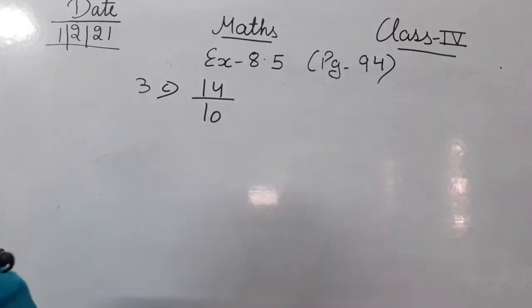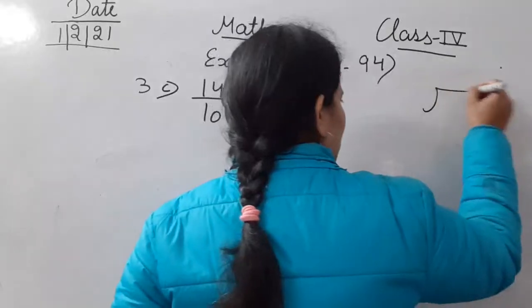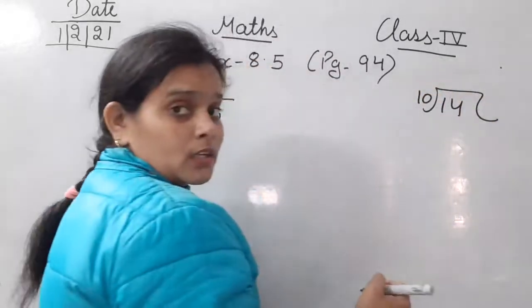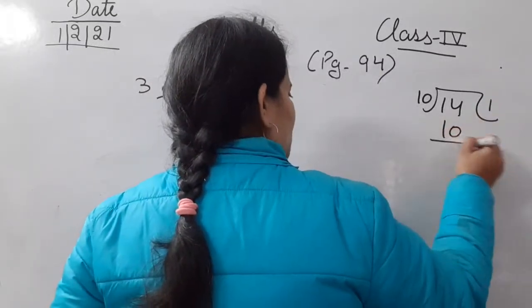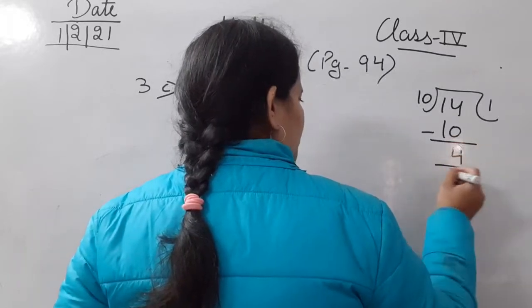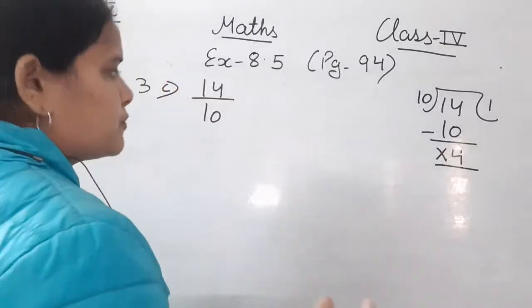So we have to convert this fraction into a mixed fraction. Let's divide 14 with 10. Okay, 10 ones are 10, 14 minus 10, that is 4. Nothing will be here. So that is 4.